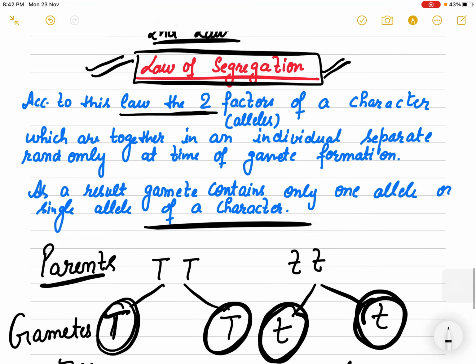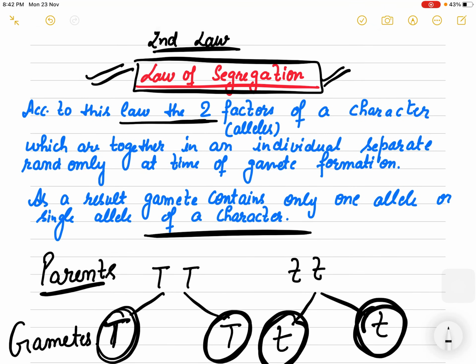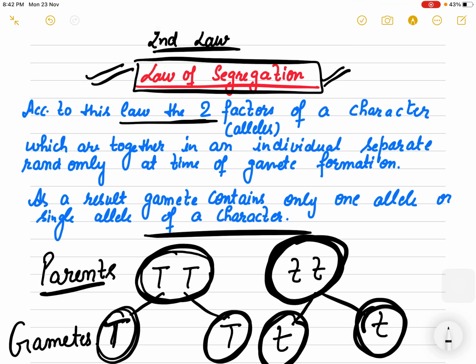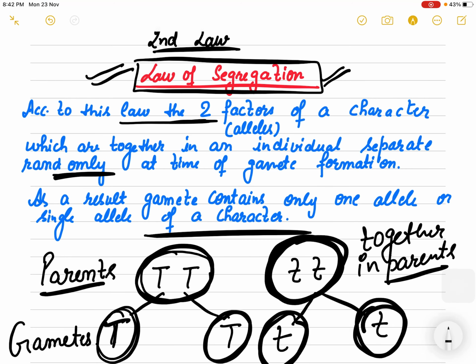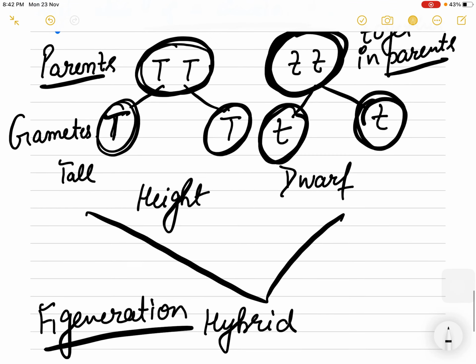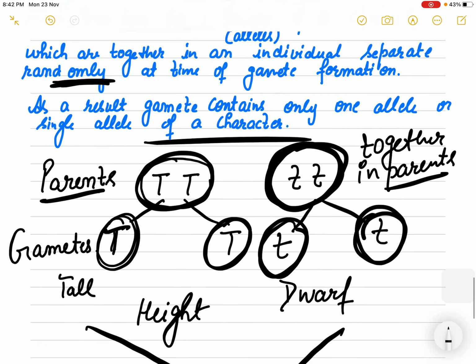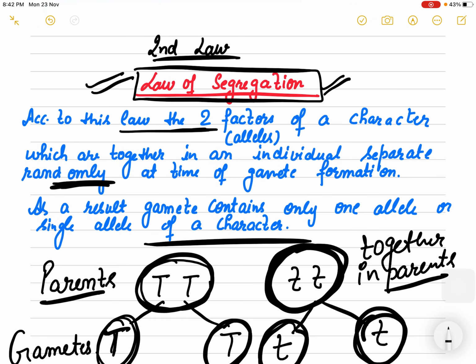So what is the law of segregation? That the factors, or the alleles, which are present together in the parents, segregate, they get separated randomly at the time of gamete formation.